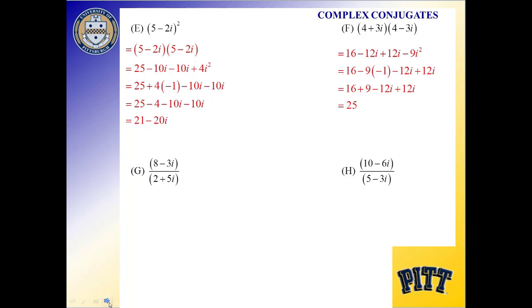Simply put, I want the denominator to become a real number. I don't want a complex number down there anymore, or at least a number with a zero imaginary part. So basically my goal is to turn the 2 plus 5i on the bottom into a real number.